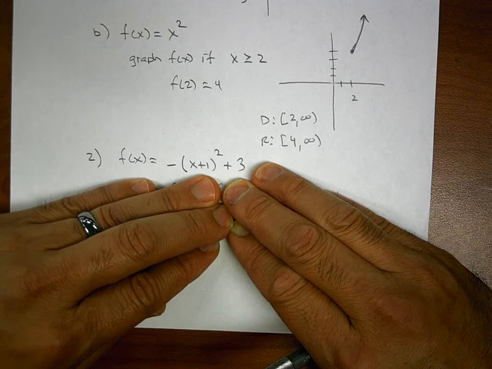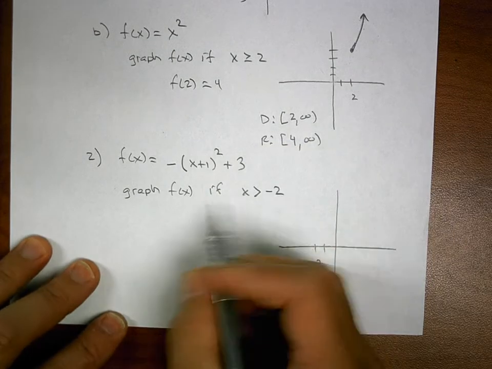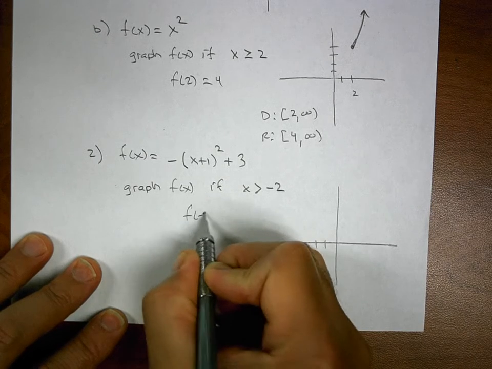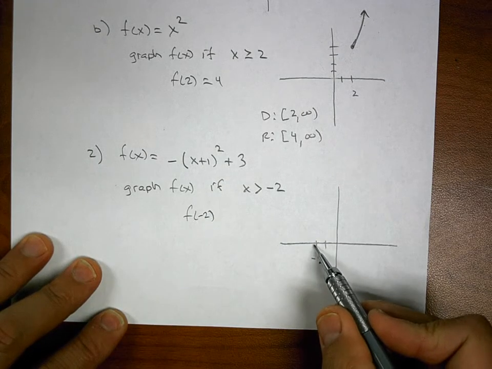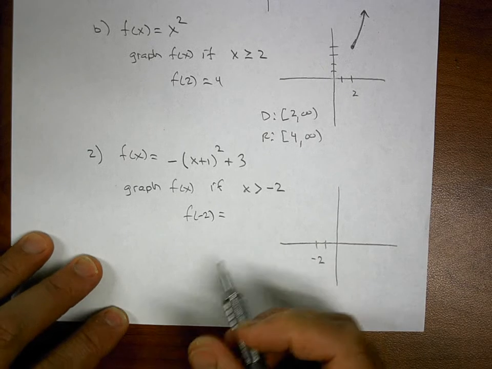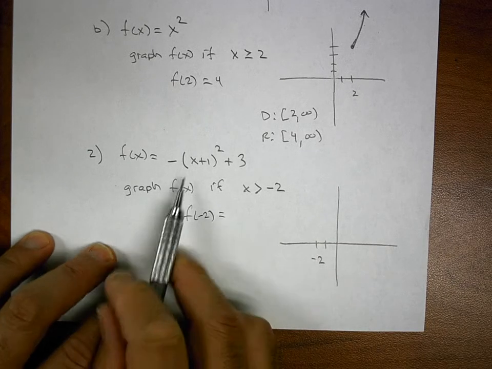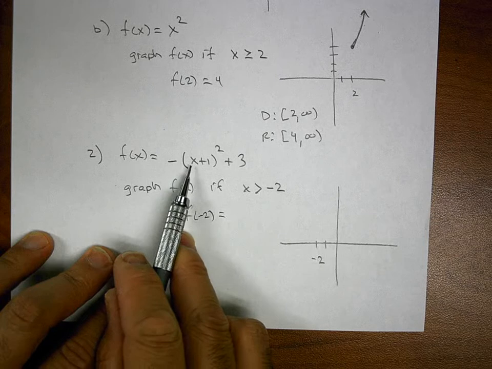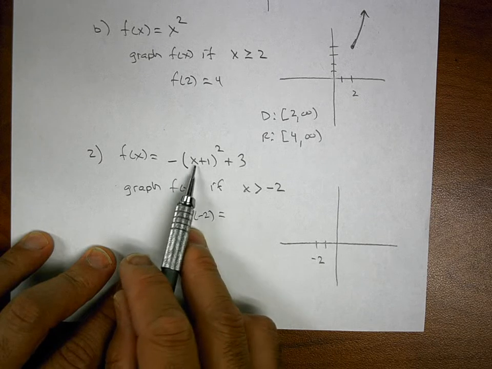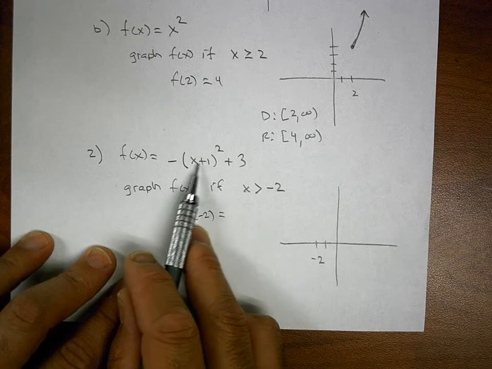Just like the homework is going to help you here, we need to know where to start our pencil. So f of -2. Plug that in. -2 plus 1 is -1.